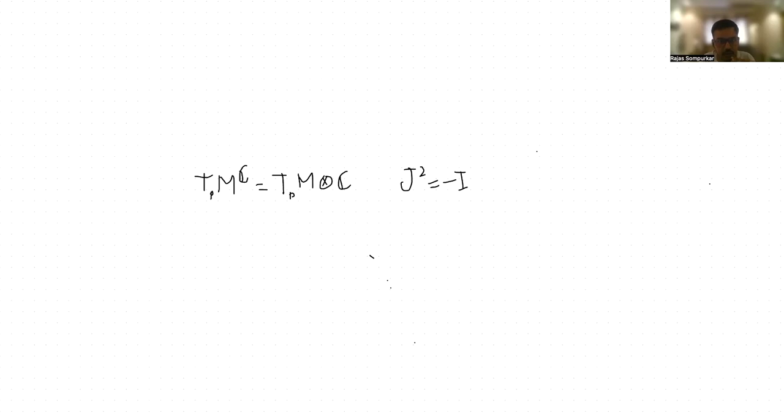And this complexified tangent space can then be expressed as the direct sum of these two eigenspaces.